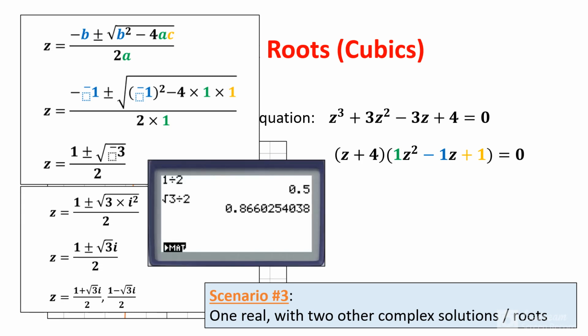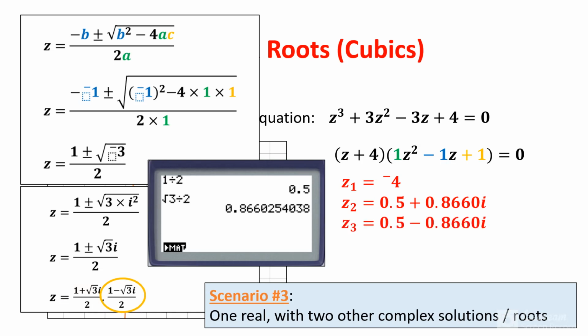So I'll grab my calculator. I can work out the real bit by going 1 divide 2 and the imaginary bit by going square root of 3 divide 2. Now I'm ready to write down my three solutions. So here we go. My first solution is my real solution, which is negative 4. My second solution comes from this solution, which I'm going to write in decimal form, 0.5 plus 0.8660i.